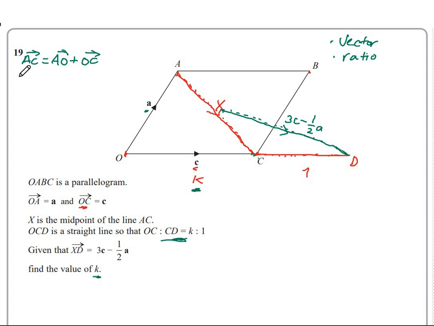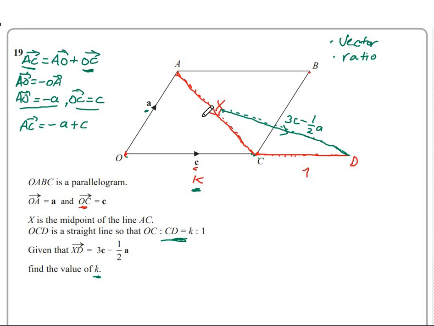So AO equals minus A. Now I want to find OC. OC is already given, and we're already in the direction of OC as well. So OC equals C. So AC is AO plus OC. We know AO is minus A, and OC is C. So AC equals minus A plus C.